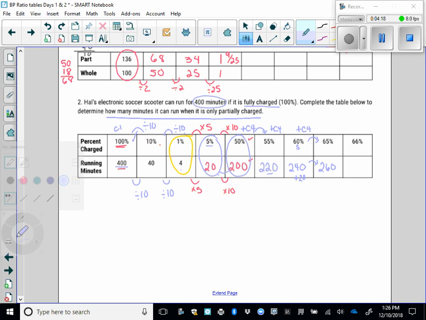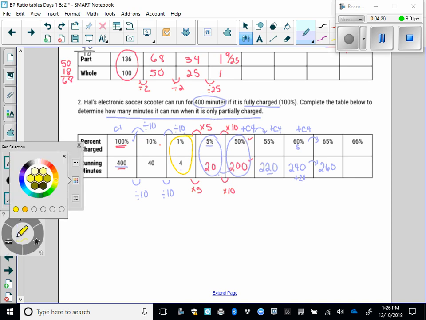Remember, column 3 is the one that I had in that gold. This is column 3 right here. So I'm going to add column 3 here, which is just adding 1% or 4 minutes. So 264 minutes. So that's my final answer.